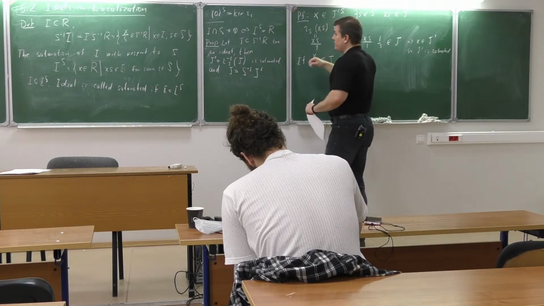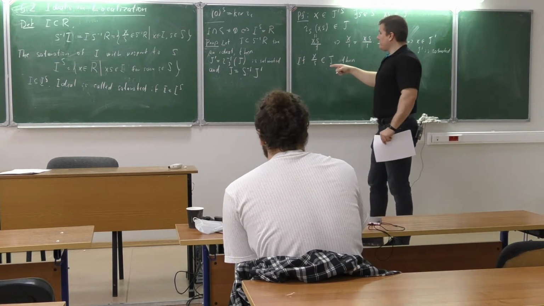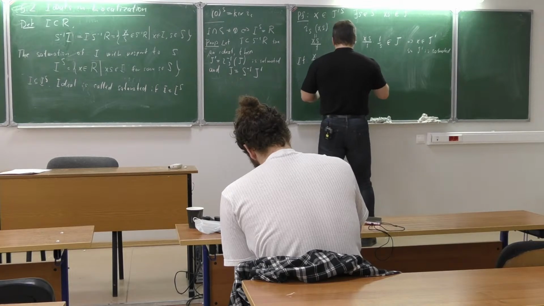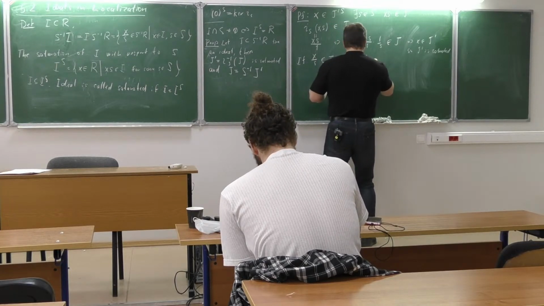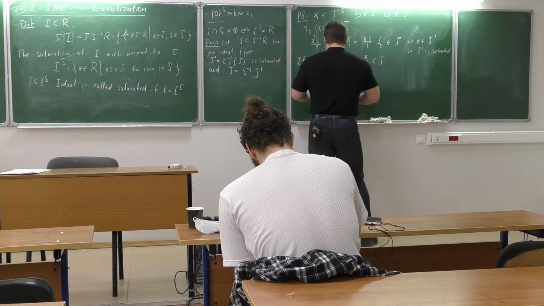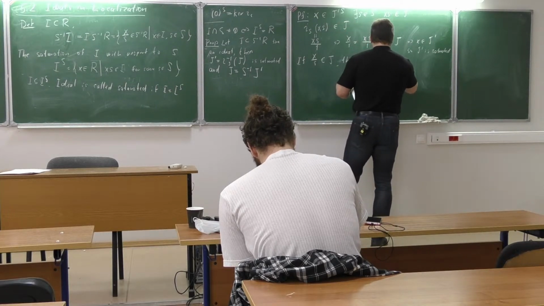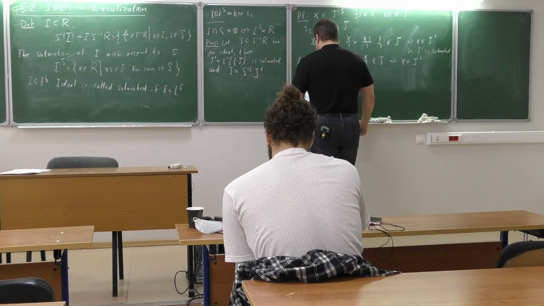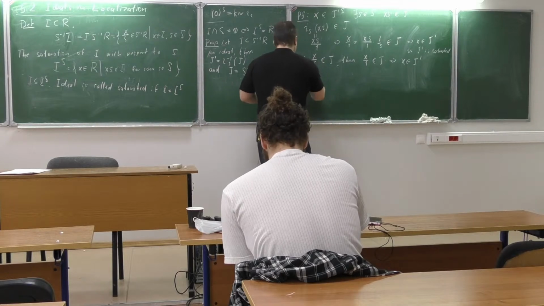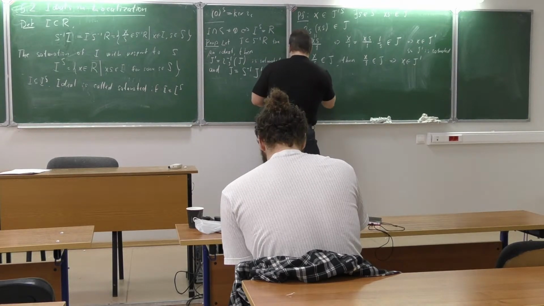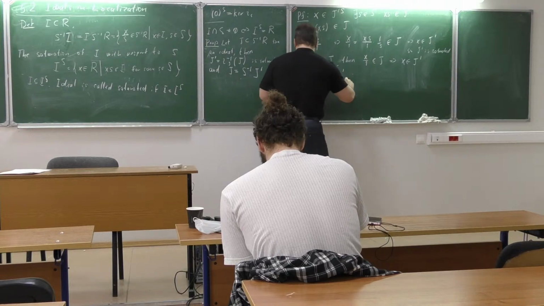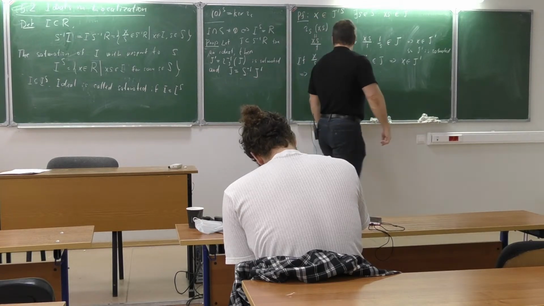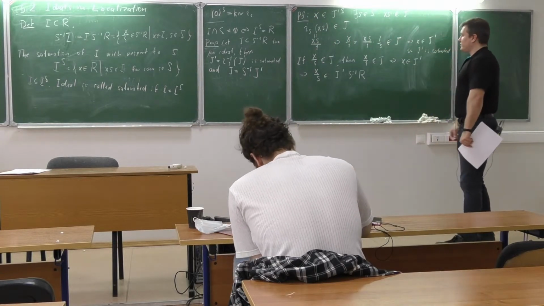This is in the ideal J, and J is in the localization. I can multiply this by the fraction s over 1. And then I can conclude that x over 1 is in J. But this means that x is in J prime. And this means that x over s is in J prime times the localization of the ring. So this gives us inclusion in one direction.